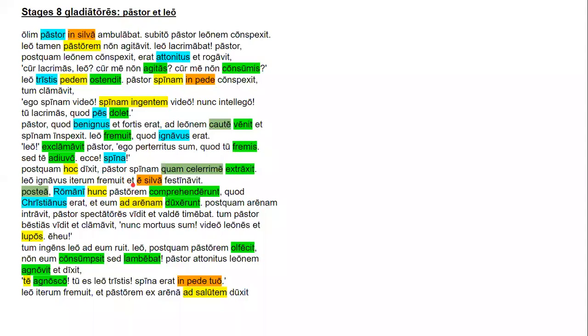Et is a conjunction, meaning that we have another main verb that's going to come. A silva: a is a form of ab, and it means "out of." And silva is the ablative form of silva. It's a first declension noun. So it's an ablative of separation.